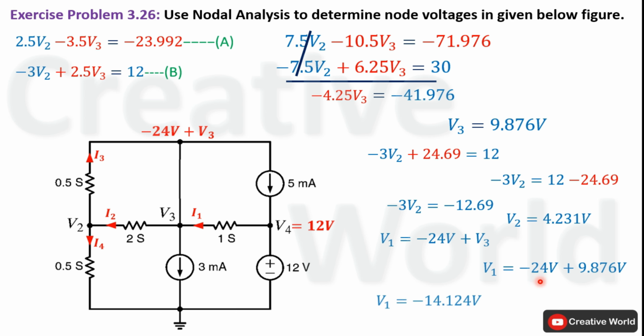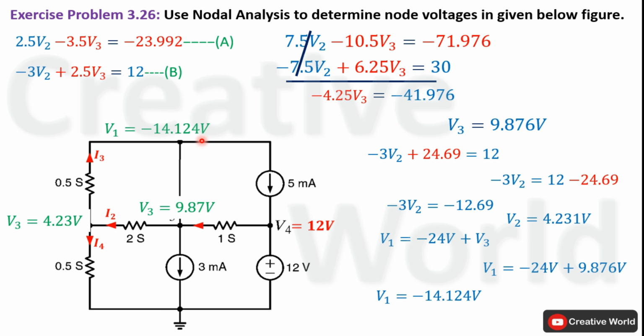Add these together, so the value of V1 will become minus 14.124 volt. So we have calculated all node voltage values. Voltage V1 is equal to minus 14.124 volt, V3 is equal to 9.87 volt, V2 is equal to 4.23 volt, while V4 is equal to 12 volt.